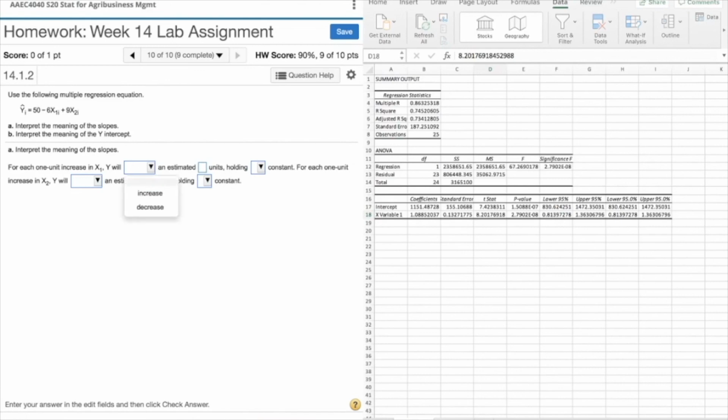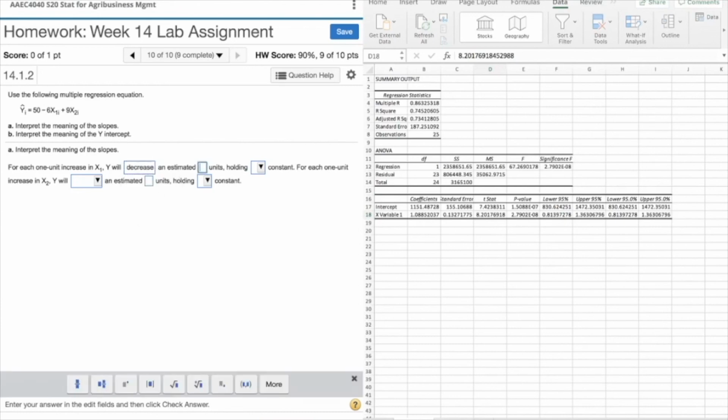Okay, question 10. The last question. To interpret the meaning of the slope, it is very simple.